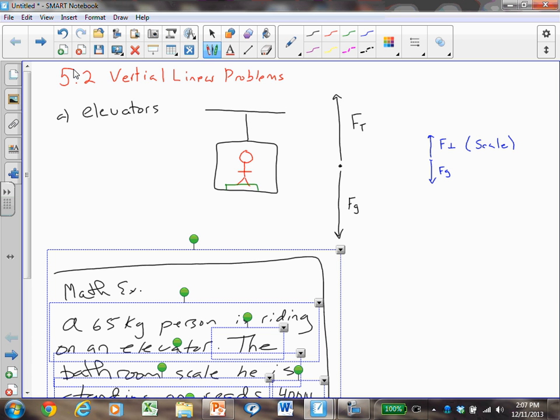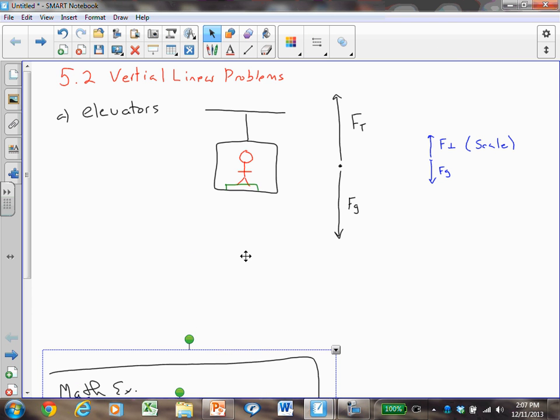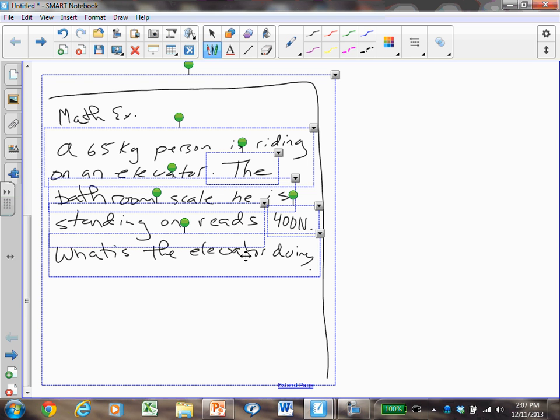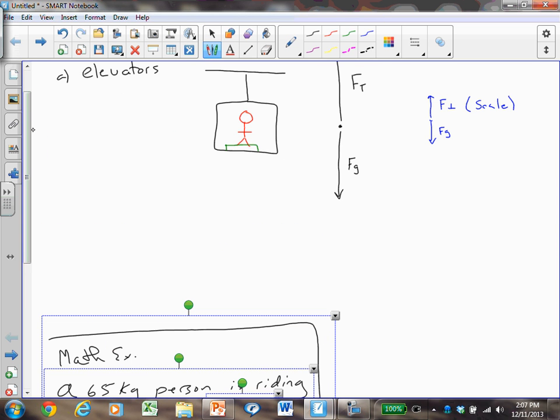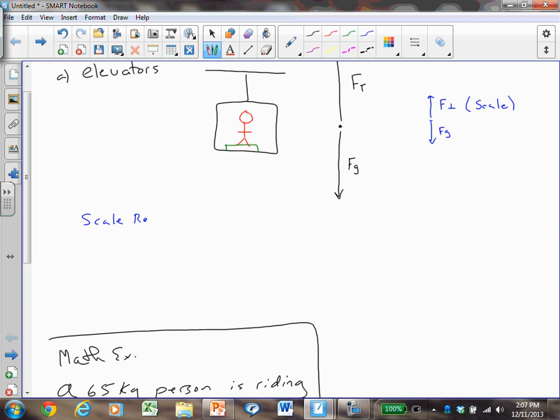So what can we say about the motion of the elevator if this scale reads the passenger's true weight? In that case, we know by the free body diagram that F perpendicular and FG are equal.